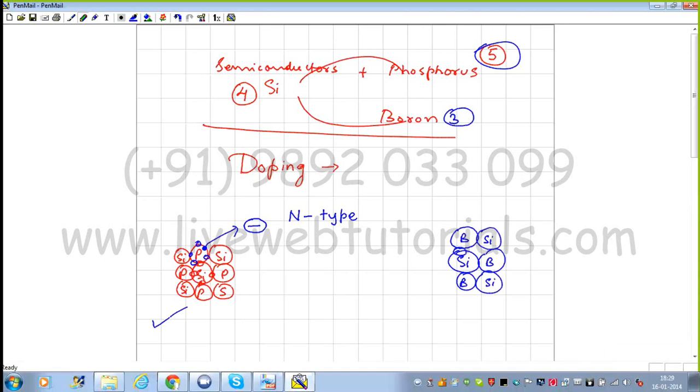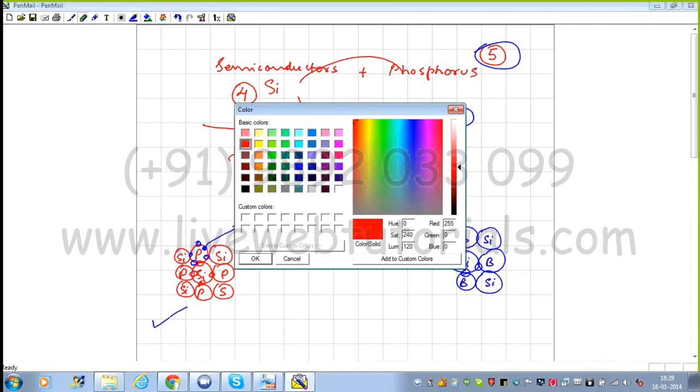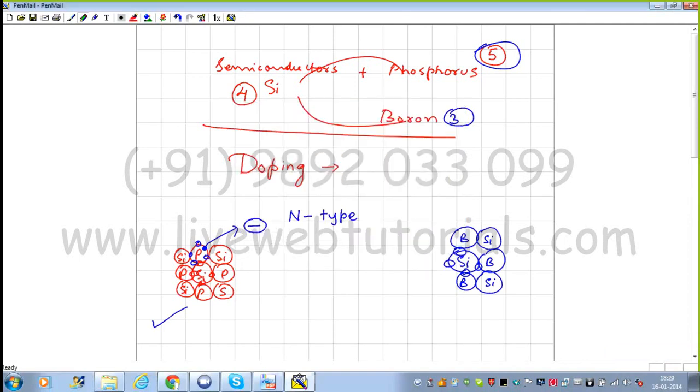Silicon is having 4 of its electrons, 1, 2, 3 and 4, while boron is having only 3 electrons, which can be shown like this: 1, 2, and 3. It means here a gap is there, an empty space. This gap is positive because there is a shortage of electron. This is known as p-type.